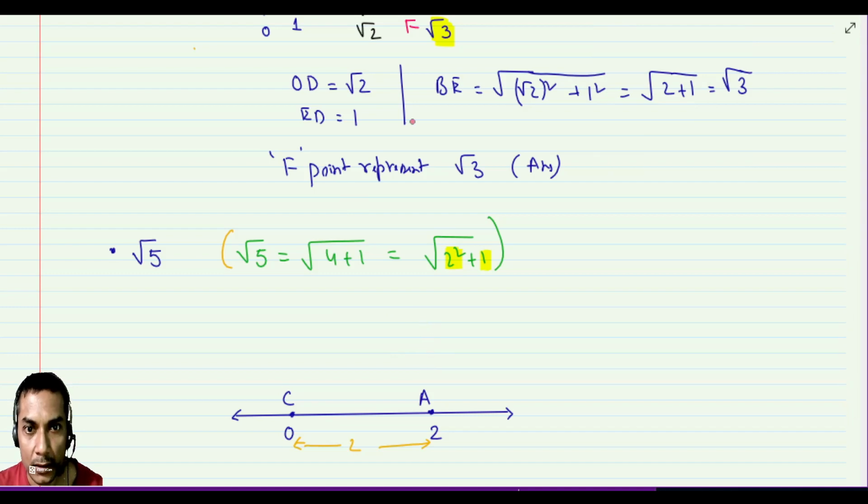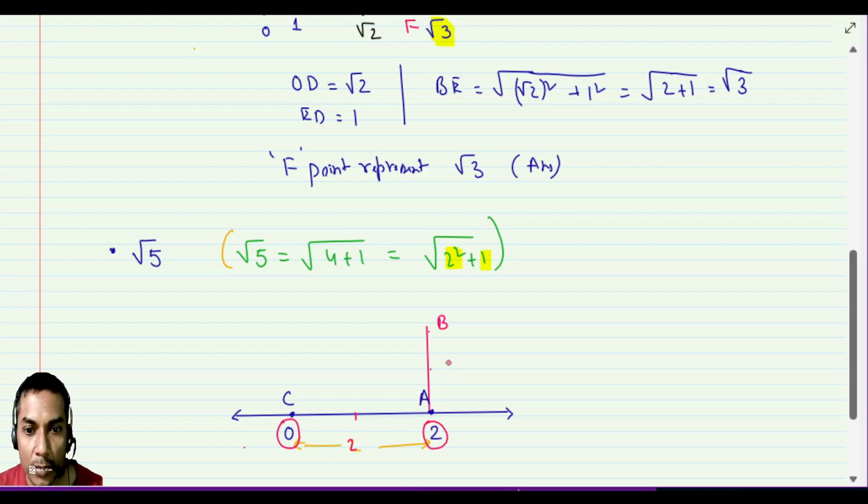Draw a vertical here. This distance, if you consider B, means AB is half of this. You just take the half of 2. This is actually 2 distance, because we consider 0 here, 2 here.